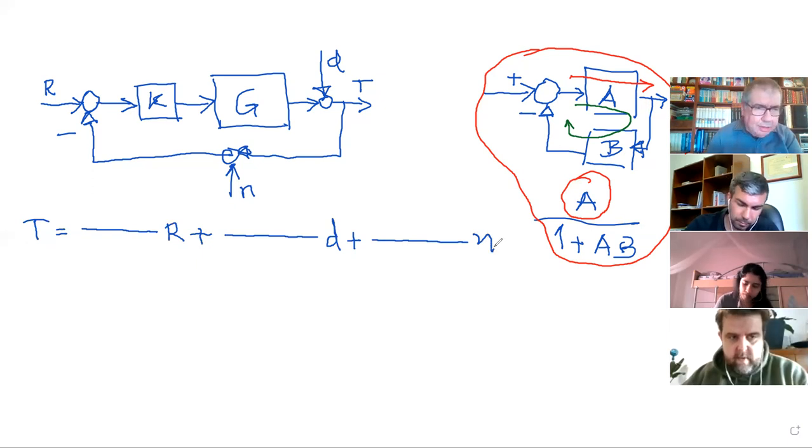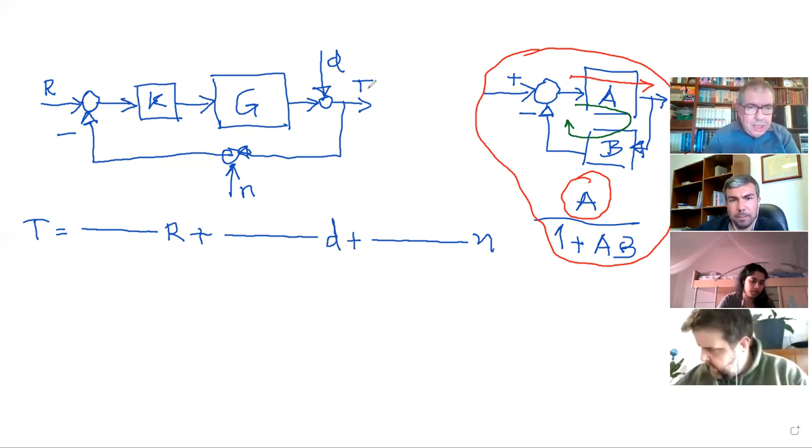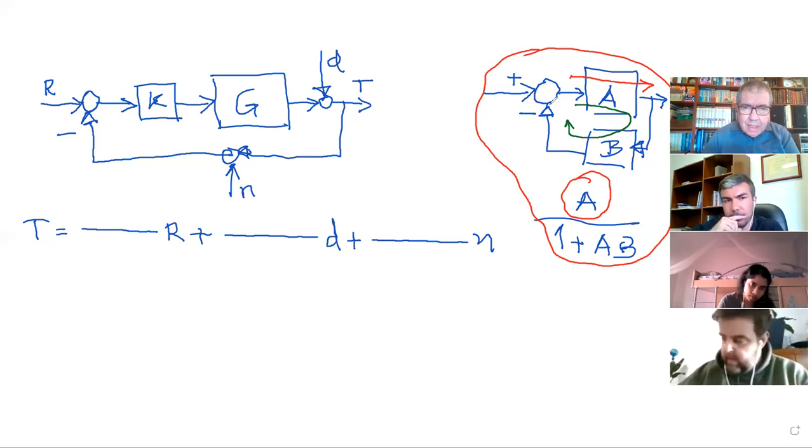Okay, so what are these transfer functions? I consider the effect of R on T assuming that D and N are zero. So when I'm studying the effect of R on T for a linear system, I assume that D and N are zero. So for the influence of R, you remember, it's the direct gain divided by the loop gain.